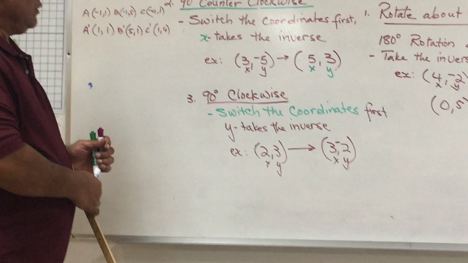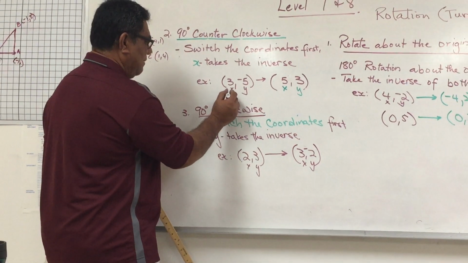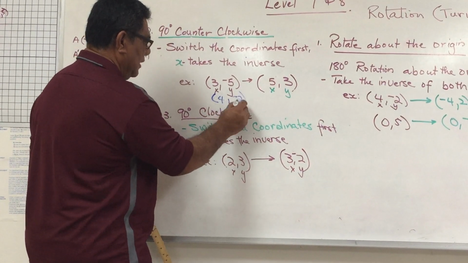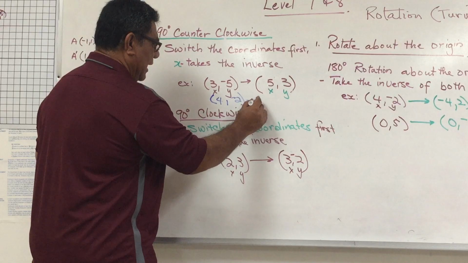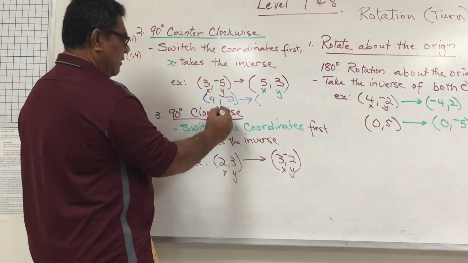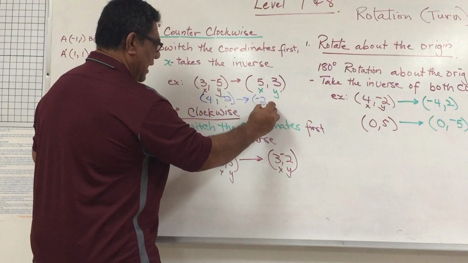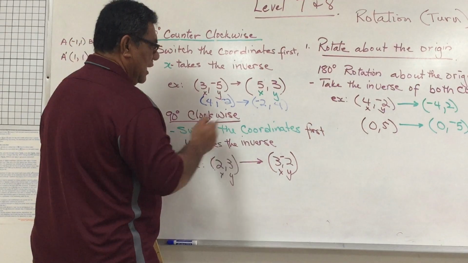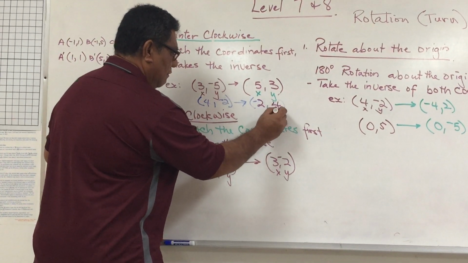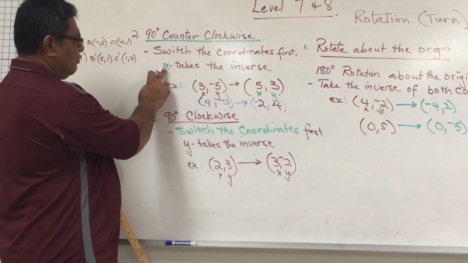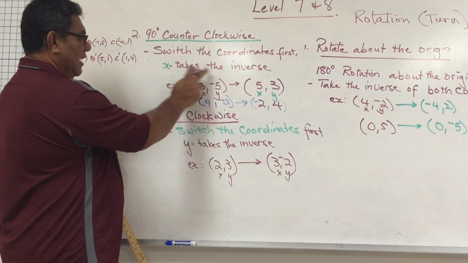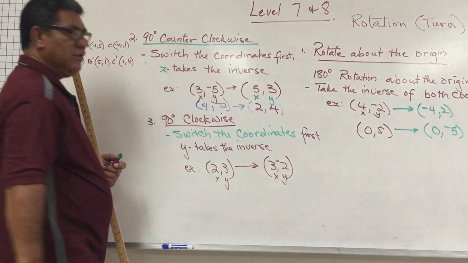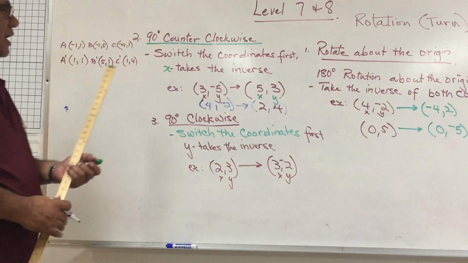Let's say for another example, 4 and -2. If you swap, it becomes -2 and 4. However, you need to take the opposite of the x, since the x is -2, now it's going to be +2.